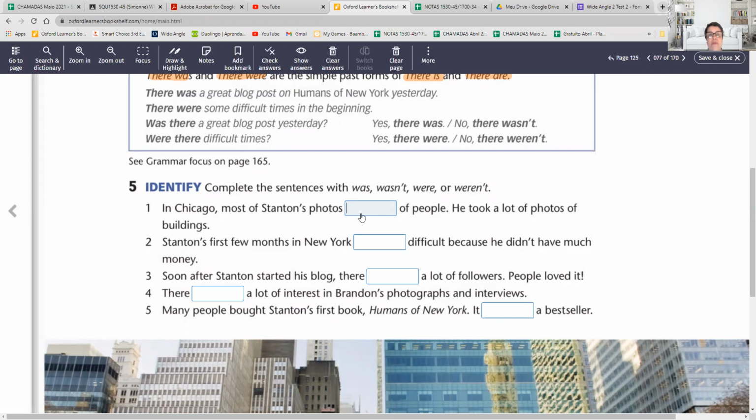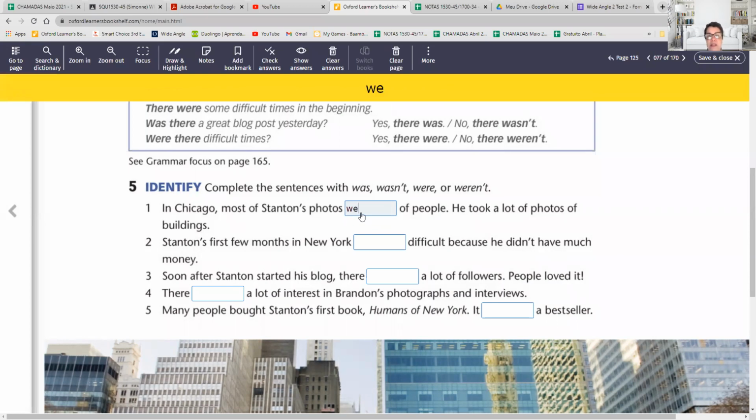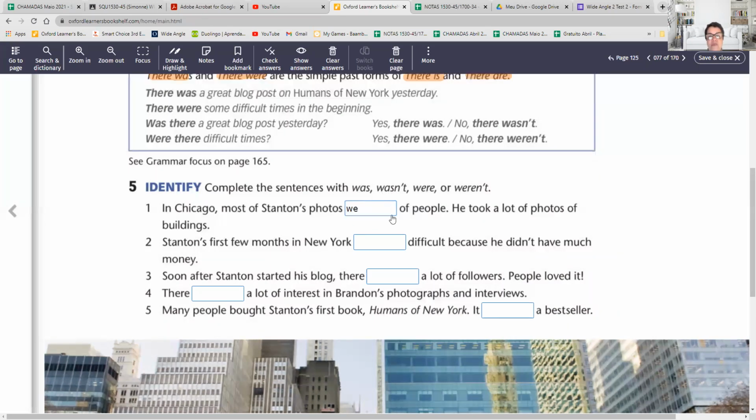They were mostly of buildings. So here it's the negative form. Wasn't or weren't? Weren't. So in Chicago, most of Stanton's photos weren't of people. He took a lot of photos of buildings. Only after he moved to New York did he start taking pictures of people.